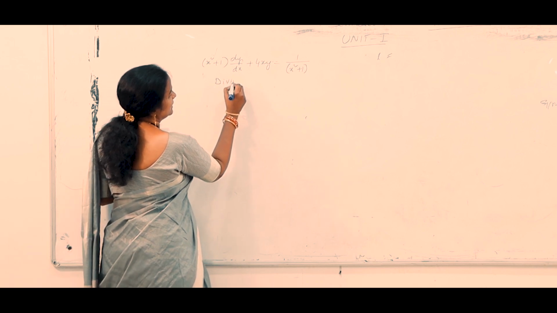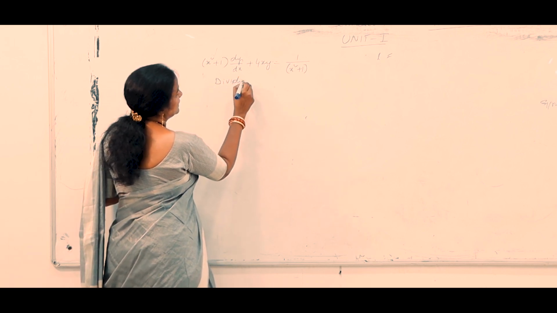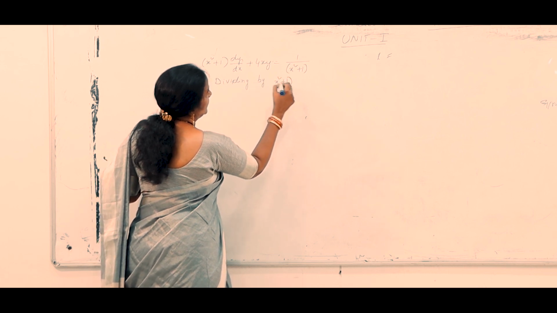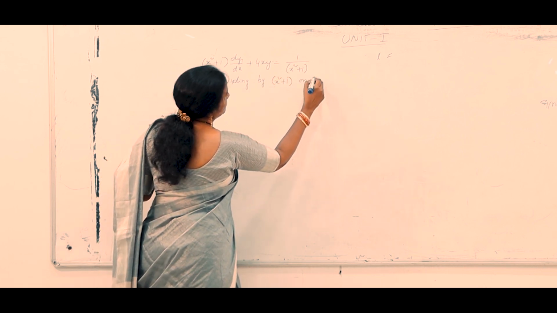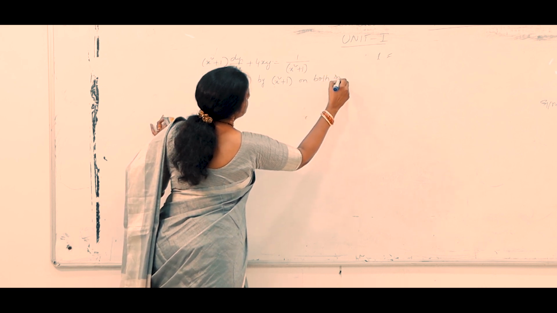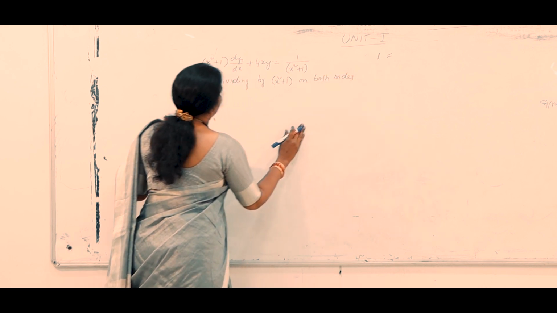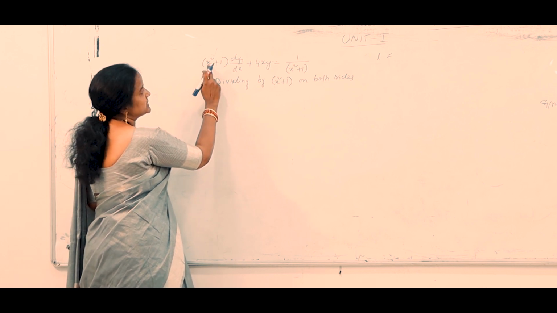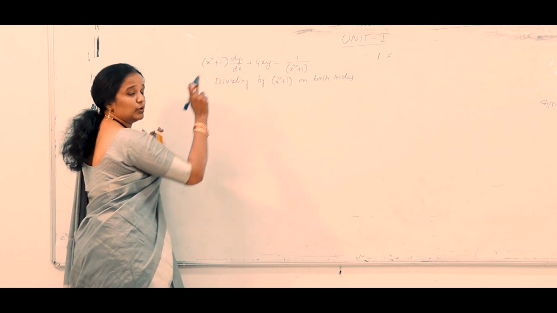Dividing by x square plus 1 on both sides, x square plus 1 by x square plus 1 gets cancelled.